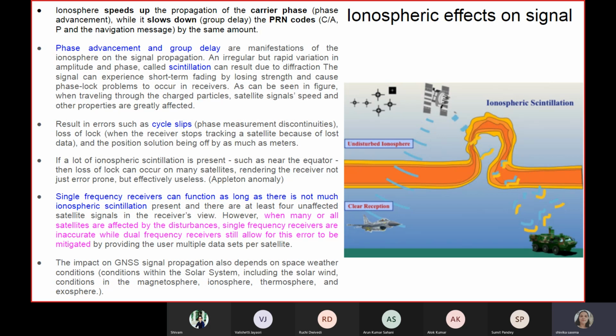So when there is an undisturbed ionosphere, we may still use single frequency receivers. But for a disturbed and highly varying ionosphere, we have to use the dual frequency capability of the GPS so that we can cancel out this error entirely.